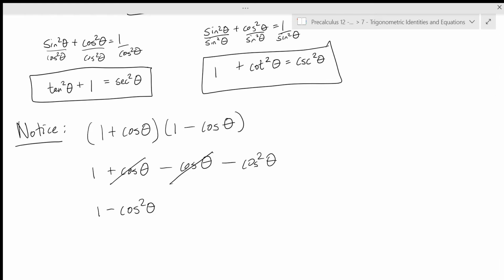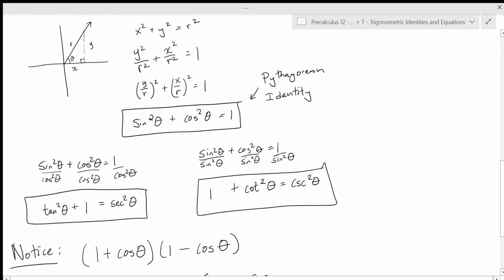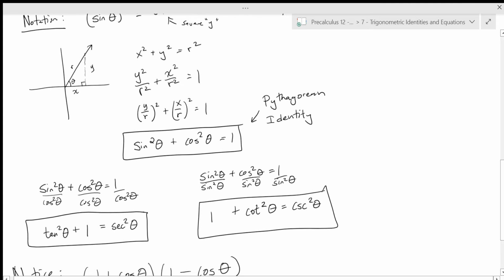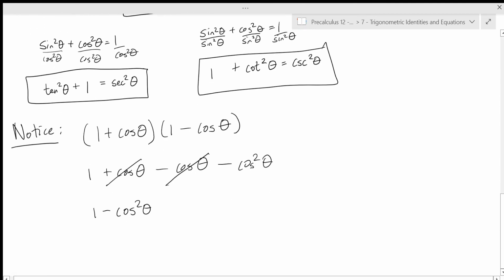But wait a minute, Miss Eaton, 1 minus cosine squared theta. If I go back and look, I have sine squared theta plus cosine squared theta equals 1, doesn't that mean that 1 minus cosine squared theta is equal to sine squared theta? You guessed it. So this is equal to sine squared theta.